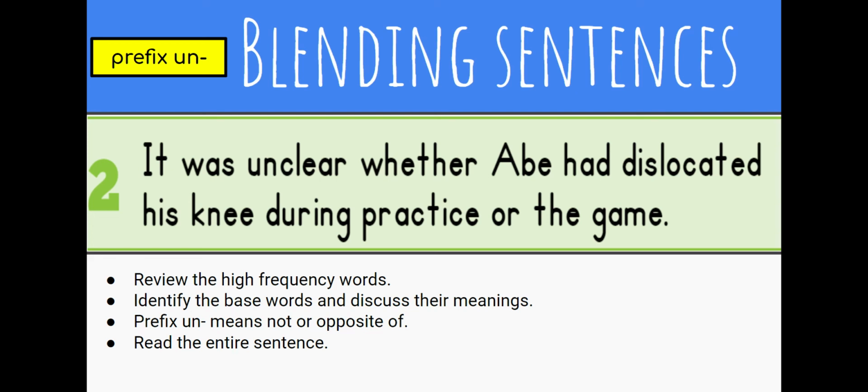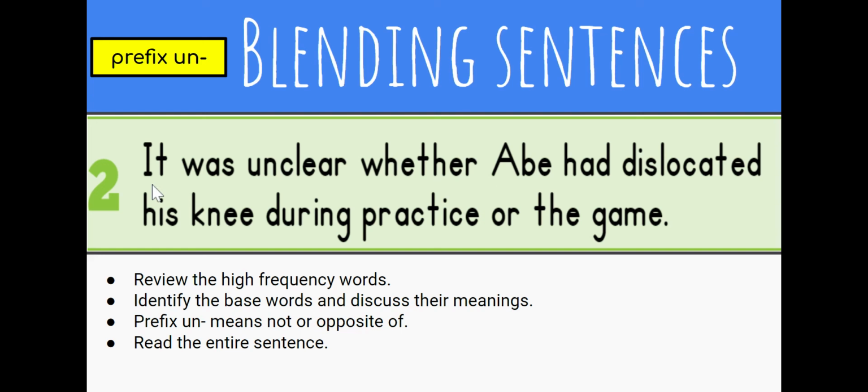Now that we've identified both words that have prefixes, let's read the sentence silently to ourselves, and then we'll read it together. Begin. Kipsters, if you need more time, go ahead and pause the video, but let's try to read this sentence together. Let's begin.